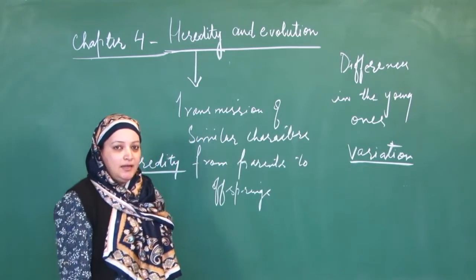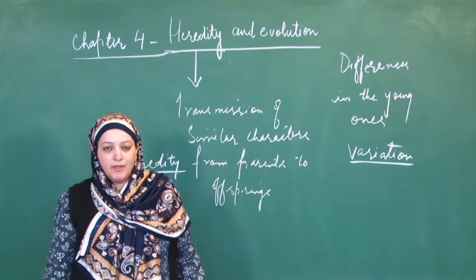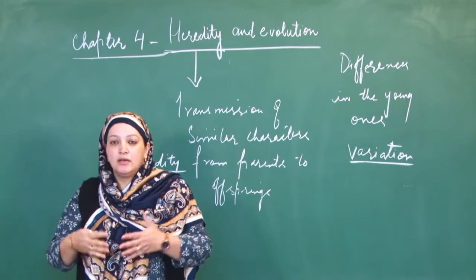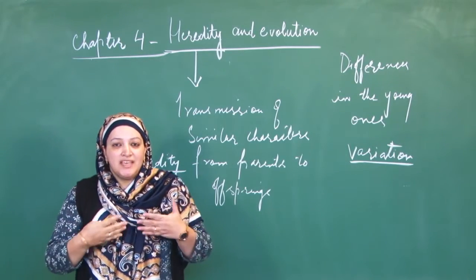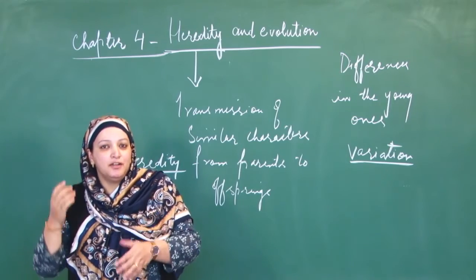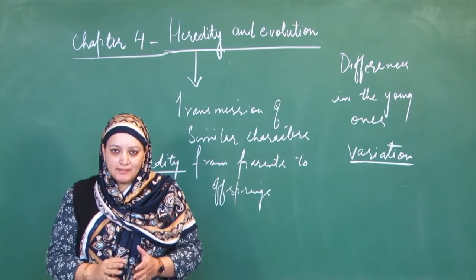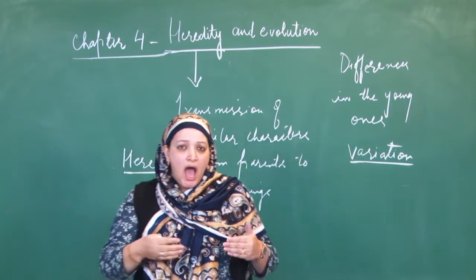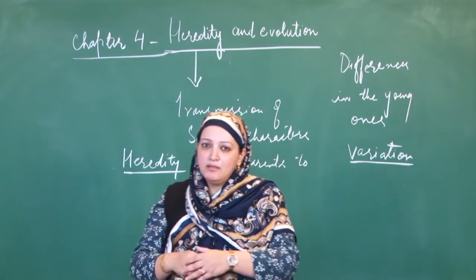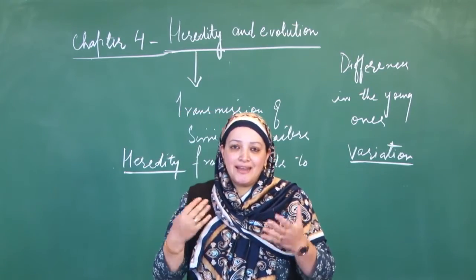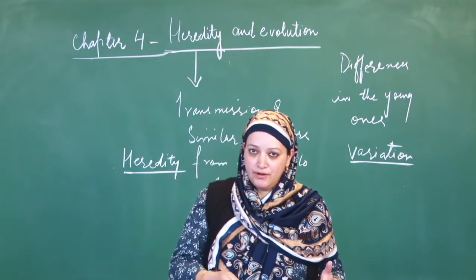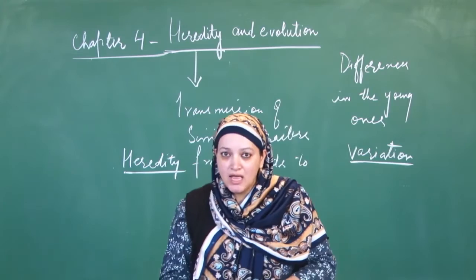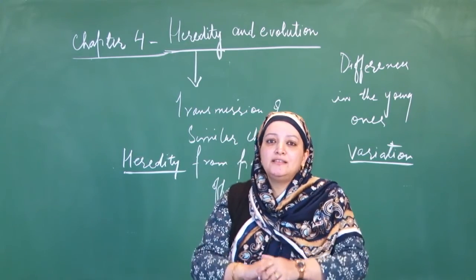Now with this heredity and variation, we can see the similarities and the differences in the young ones. Now the question arises, you will be thinking of how these similarities come in the young ones, how these characters are transferred from the parents to the offsprings, how these differences arise in the young ones.